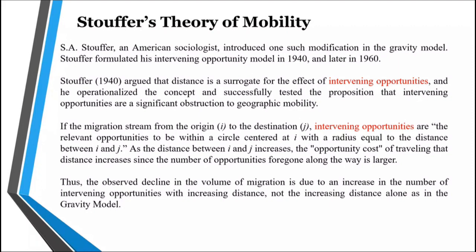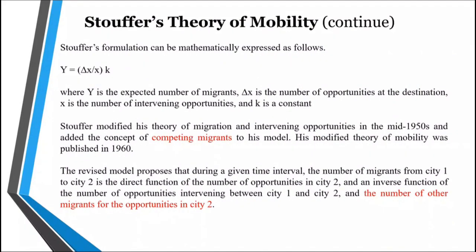So intervening opportunity. Mathematically, you can express it like that: y equals k times change in x over x. What is the expected number of migration? The top one, the triangle x, is the number of opportunity in the destination, and x below is the number of intervening opportunity.